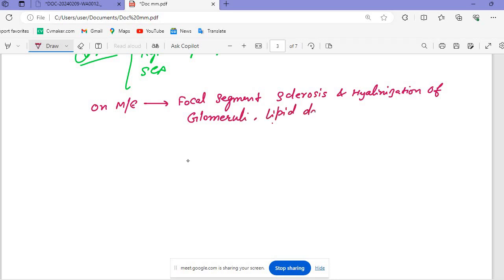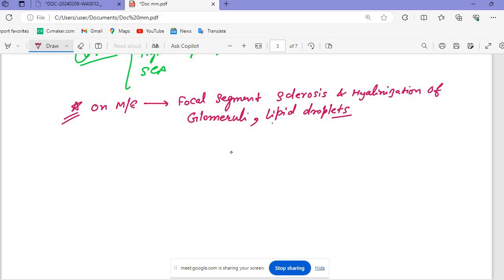So on microscopy we see focal segmental sclerosis, hyalinization of the glomeruli, and lipid droplets. Okay, this you need to understand about focal segmental glomerulosclerosis.